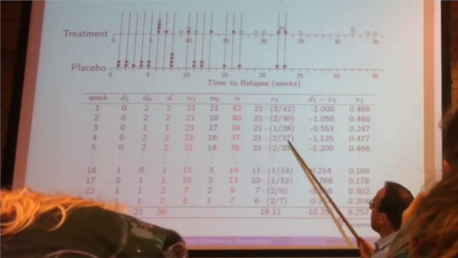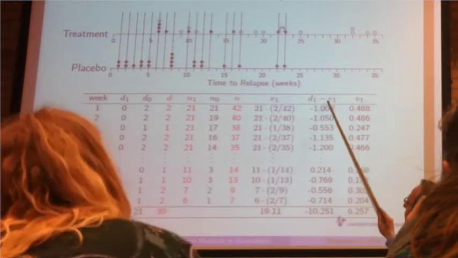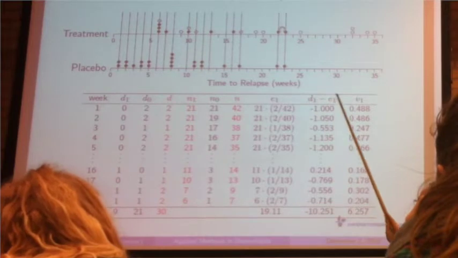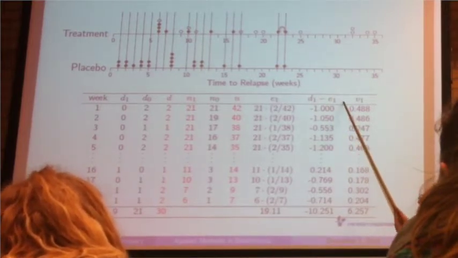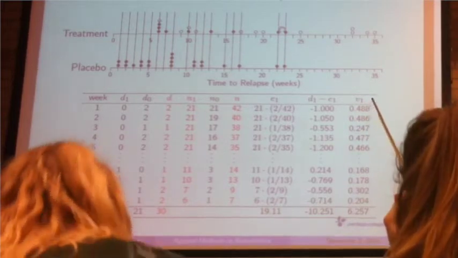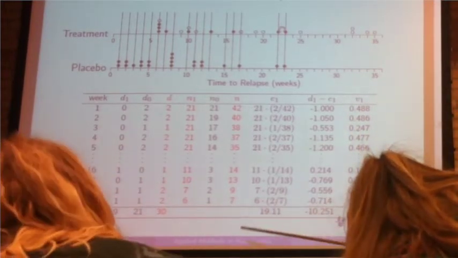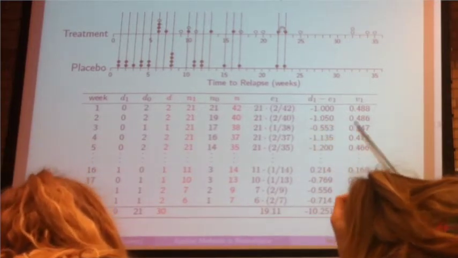The expected number compared to the observed number yields the difference between observed and expected. And we have some uncertainty in our data, which is expressed by the variance of the observed number of deaths or events.